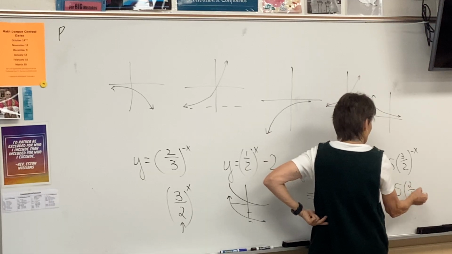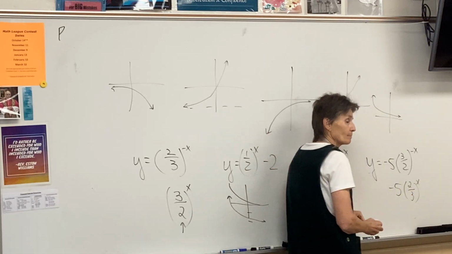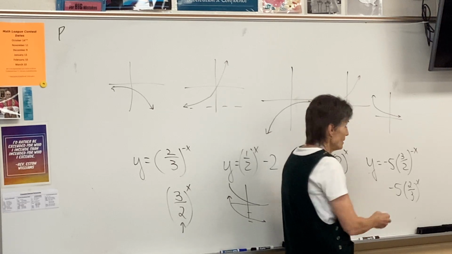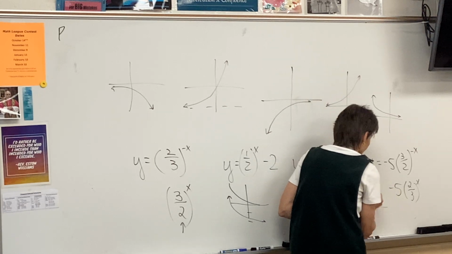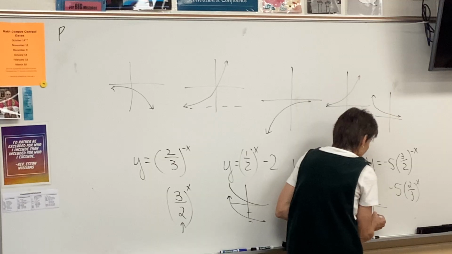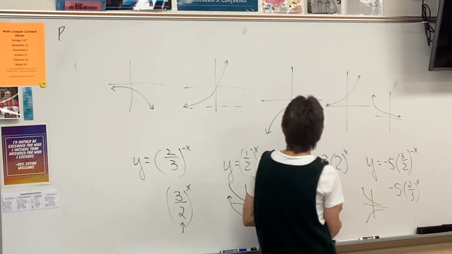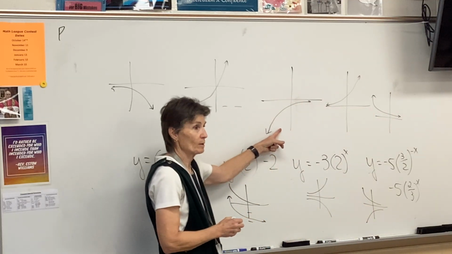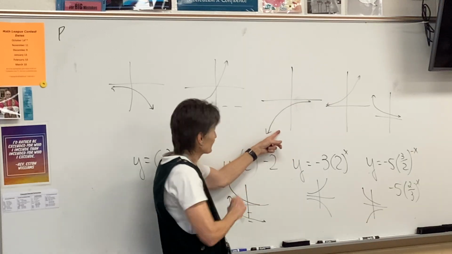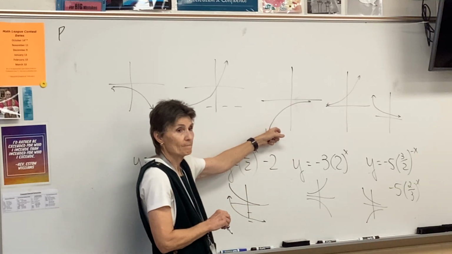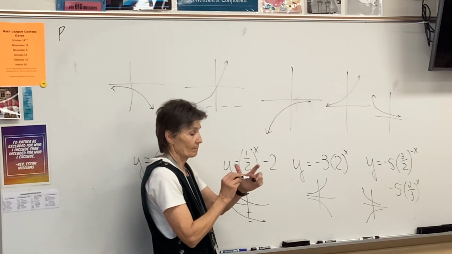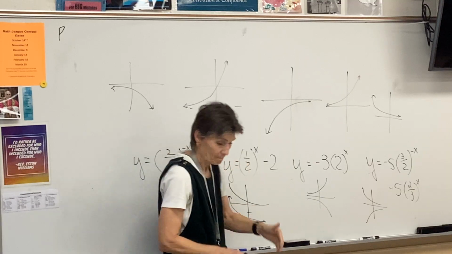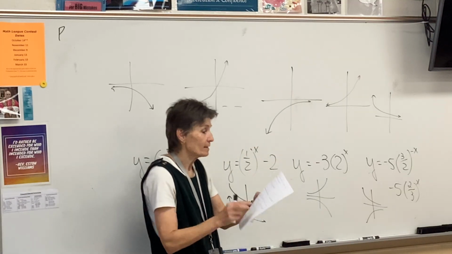So this would be 2/3 to the x. So that's a decay. Flipped upside down. Do I have that one up here? That should be this one. The last equation is this one right here. Are you okay? All right, okay, next page.